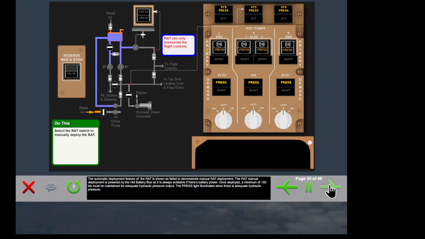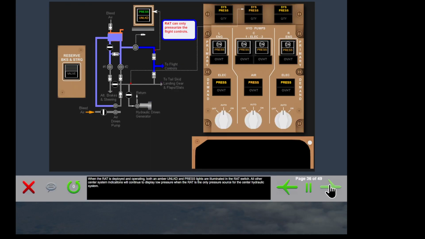The pressure light illuminates when there is adequate hydraulic pressure. When the RAT is deployed and operating, both an amber unlocked and pressure lights are illuminated in the RAT switch. All other center system indications will continue to display low pressure when the RAT is the only pressure source for the center hydraulic system.